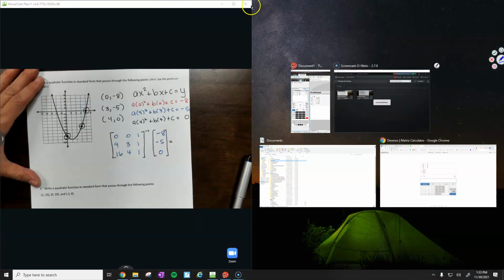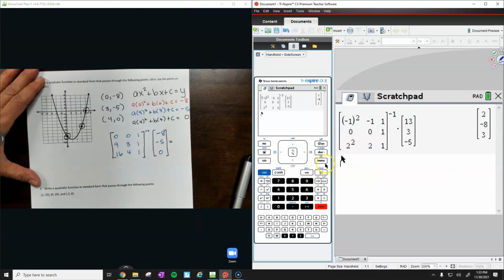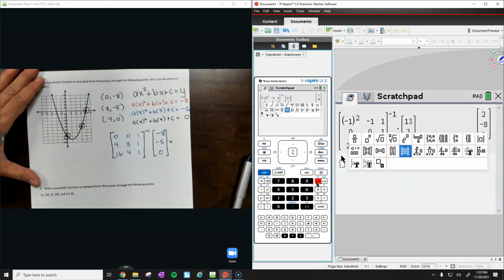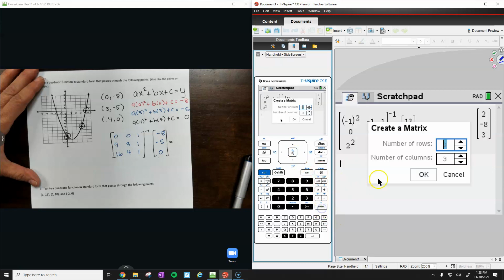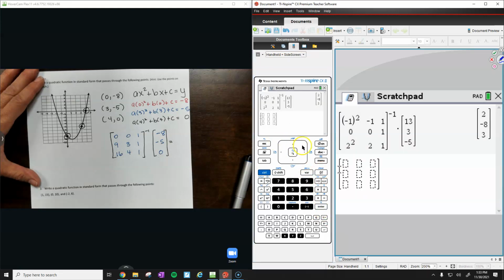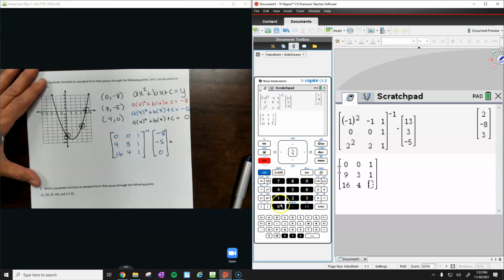So let's go ahead and plug that into the Inspire there. So again, your matrix template is next to the number 9. And we're just going to type in 0, 0, 1. And then we're going to put in 9, 3, 1. And then, of course, 16, 4, and 1.